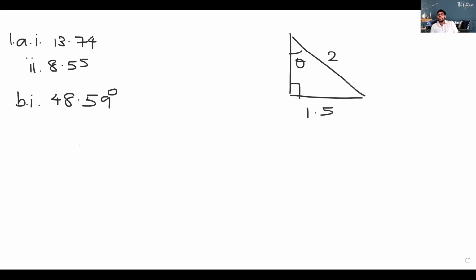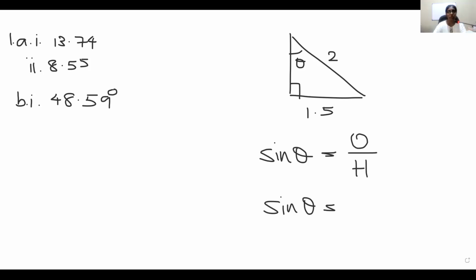So what trigonometric ratio do you use when you have the opposite and the hypotenuse? It's sine, isn't it? So you take sine theta equals opposite over hypotenuse, right? So sine theta, theta is what we don't know, opposite is 1.5 over hypotenuse is 2.